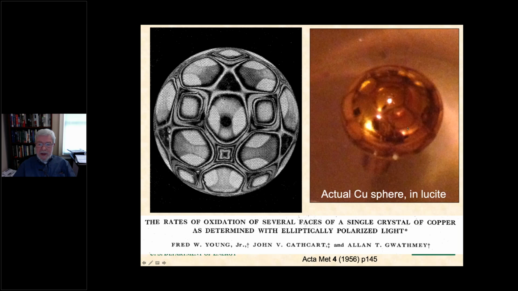You can see some patterns of oxide growth on this sphere. This is an elliptically polarized light picture of these patterns that appeared in this publication.